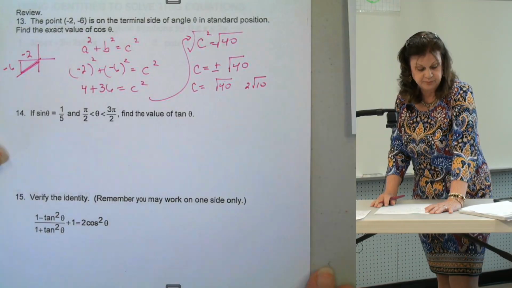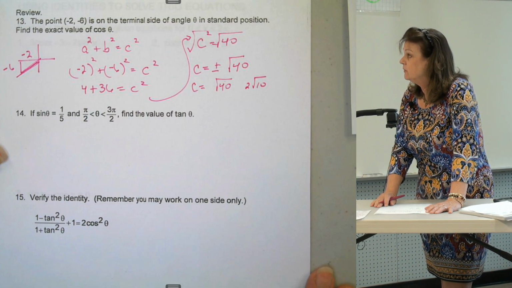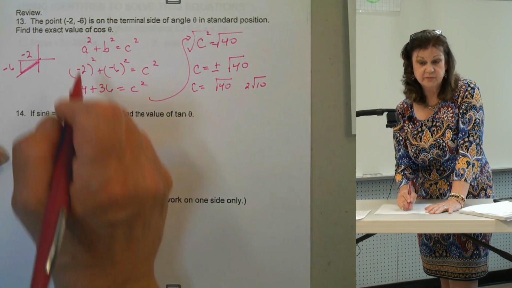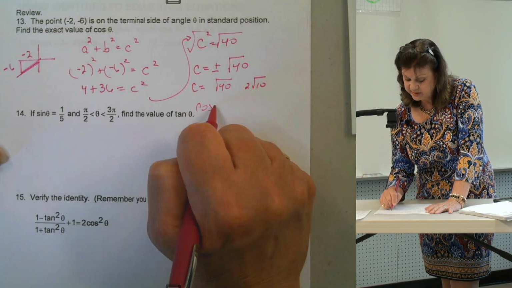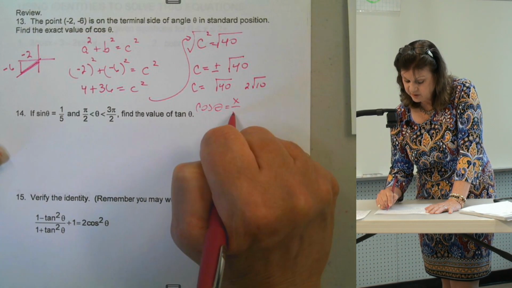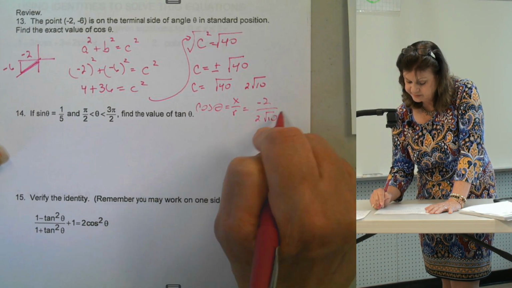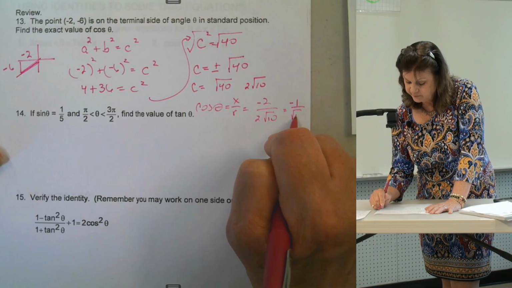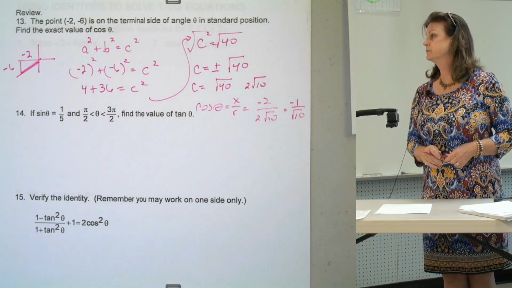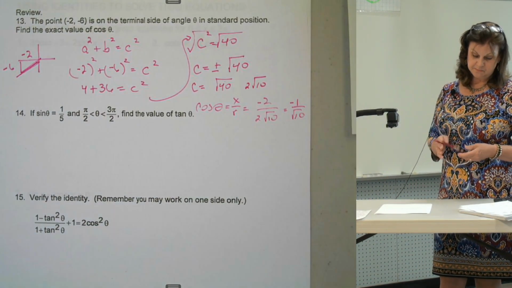It's really up to you. Now, that's not what they're asking us for, though. They're asking us for the cosine. So cosine theta, of course, x over r, is going to be negative 2 over 2 root 10, or negative 1 over root 10. Okay?